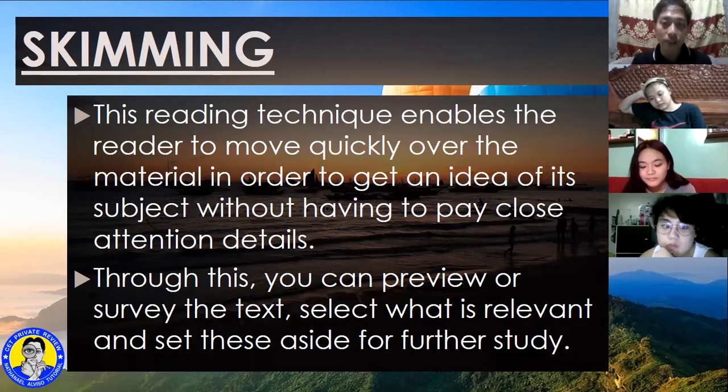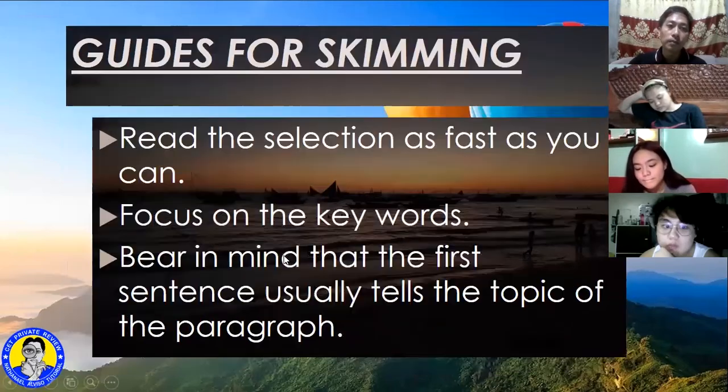Through skimming, you can preview or survey the text, select what is relevant, and set these aside for further study. So when you skim, it will allow you to see the main paragraph in the passage, so you can focus on that when you go back to the selection.